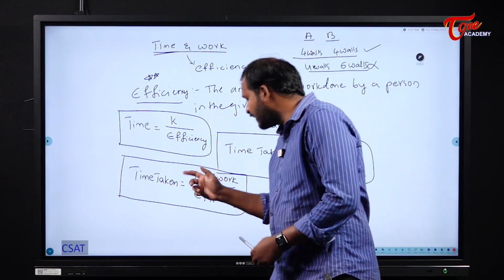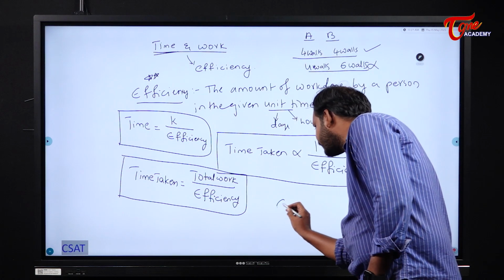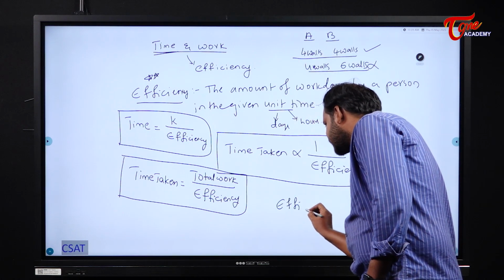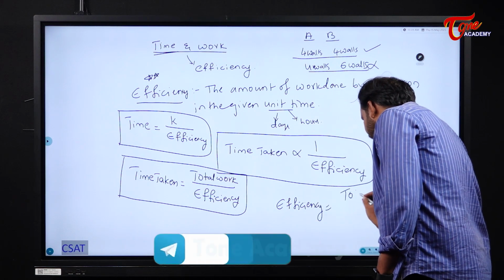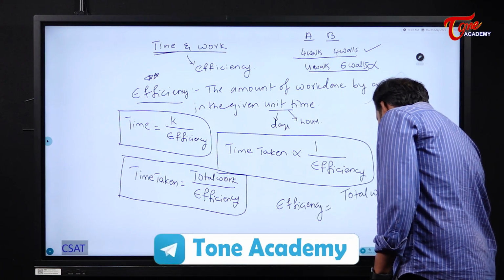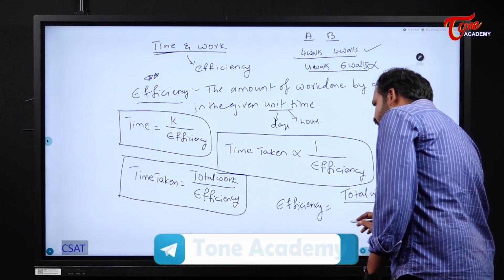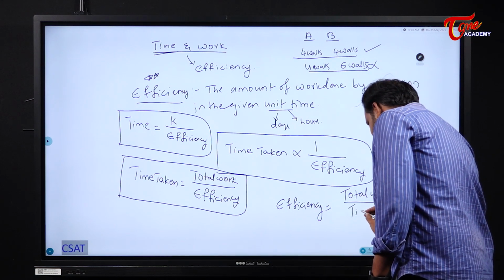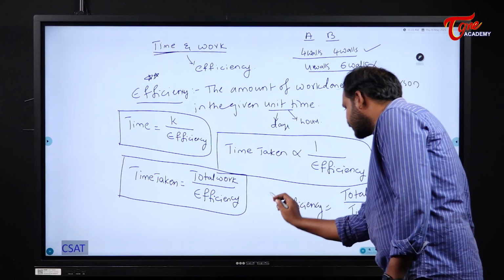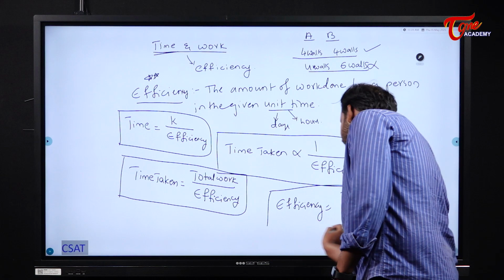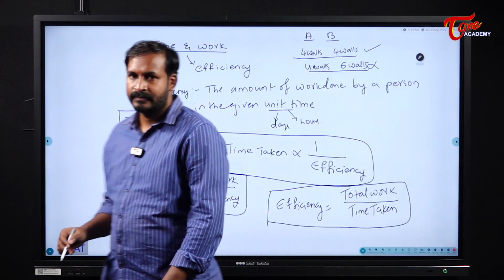If I want to find the efficiency here, what is the formula for efficiency from this? Efficiency is equal to total work by time taken. So these are the two things which we will use most commonly.